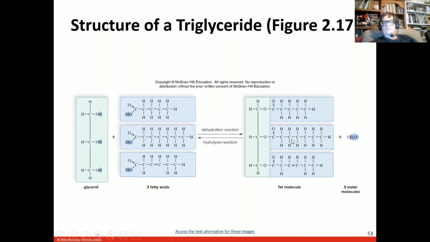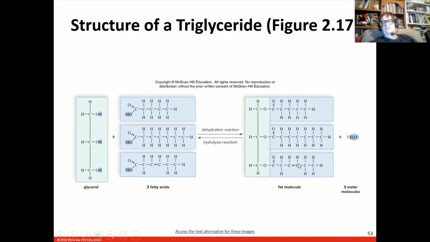So let's look at this one here. This carbon has 1 bond to a carbon, 1 to a hydrogen, 1 to a carbon, 1 to a hydrogen. It's happy because it has 4 bonds. Well, this one has a bond to a carbon, another bond to that carbon, a bond to the hydrogen, a bond to this carbon. It's still got 4 bonds. It's still happy.